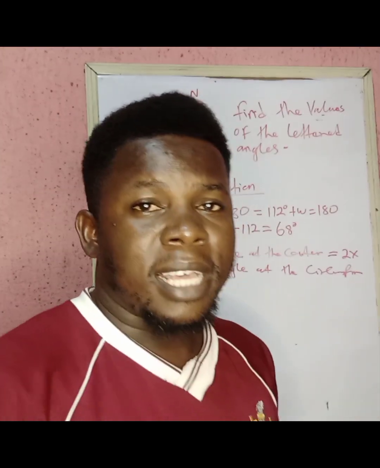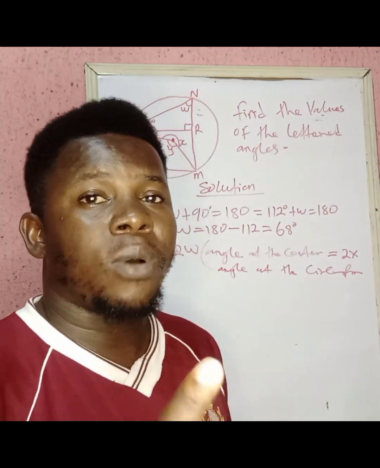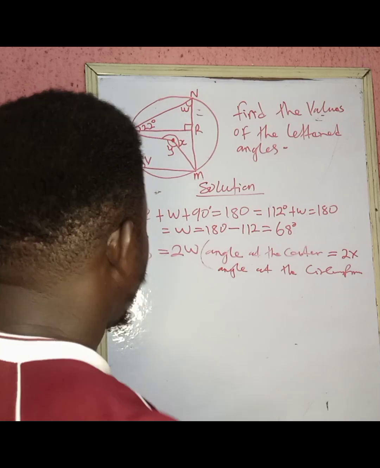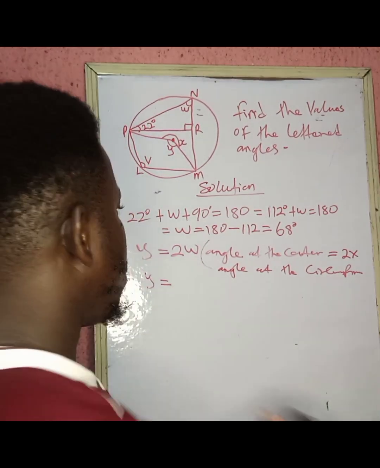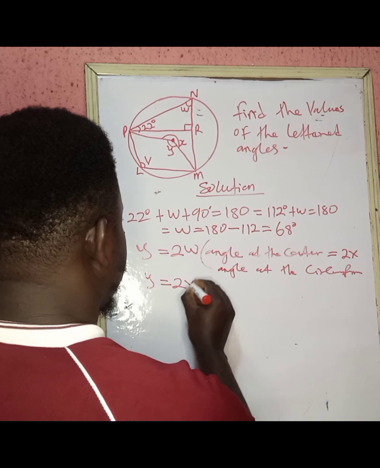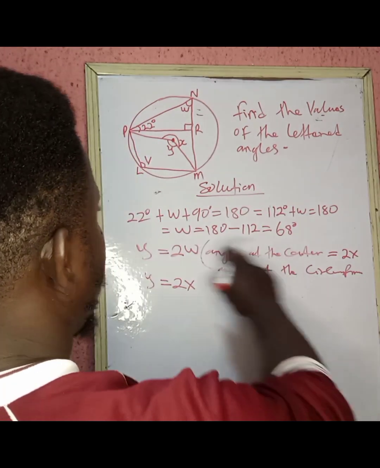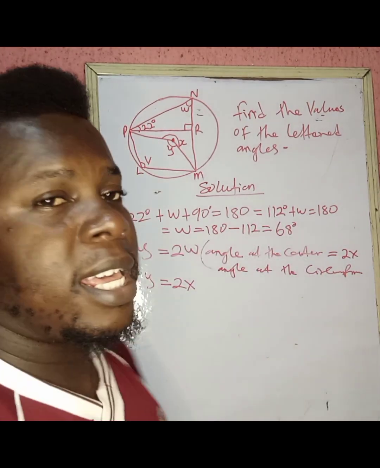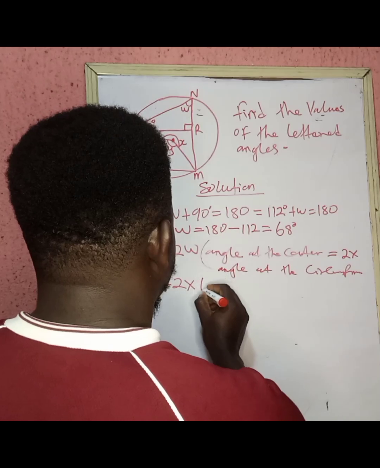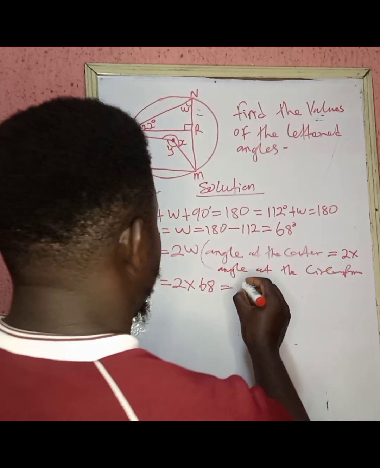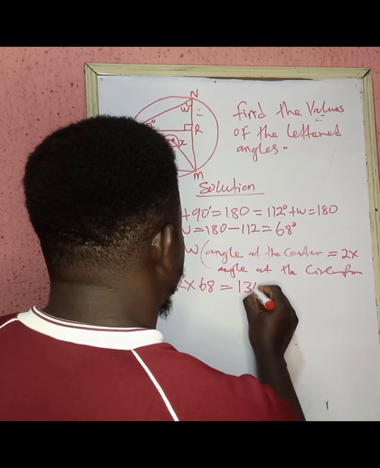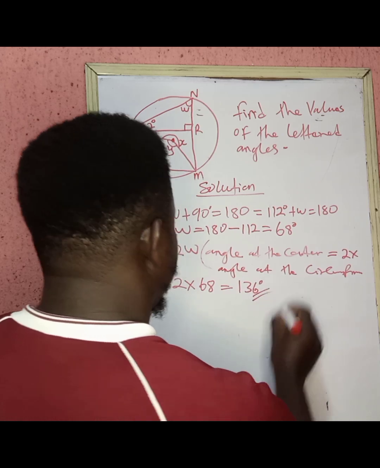Angle at the center is equal to 2 times angle at the circumference. Now we can say our Y is equal to 2 times, what's our W? Now we have our W as 68, which is equal to what? Which is equal to 136 degree.